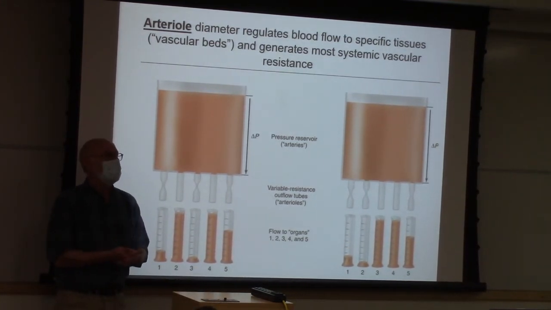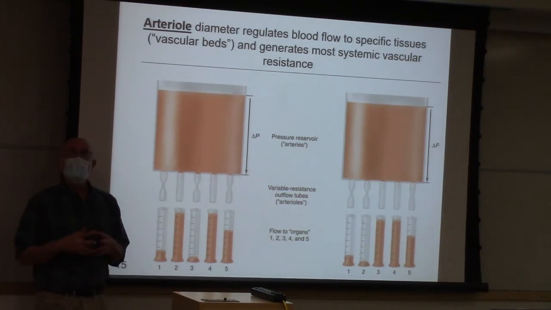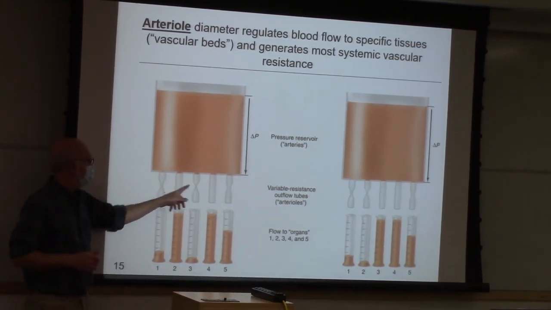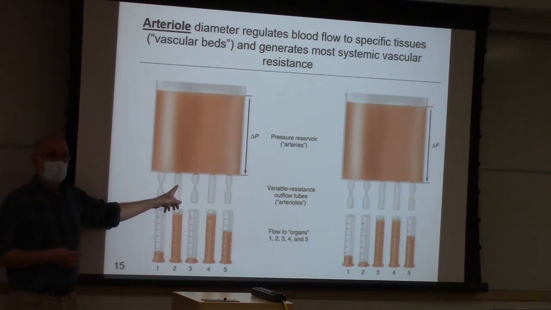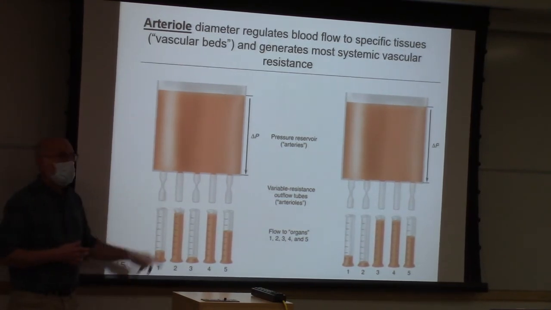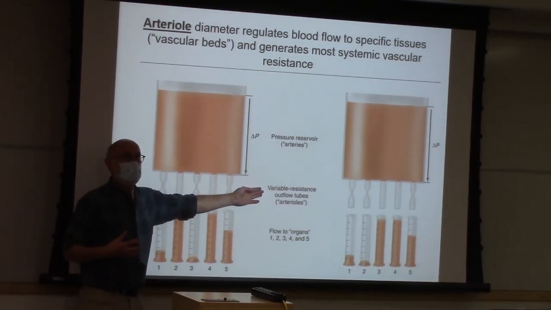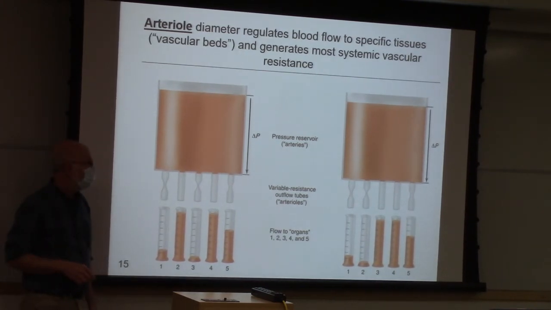Brain, skin, digestive tract, kidney, muscle, liver, the places where the blood goes is controlled. Where it goes is determined by the constriction or dilation of the arterioles that feed blood to that organ. We have specific control. So that's the variable resistance, variable control of blood to those organs.